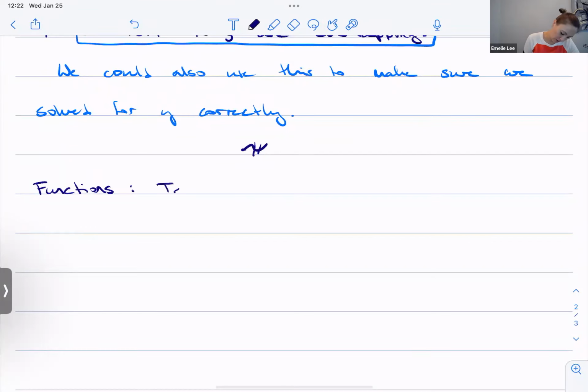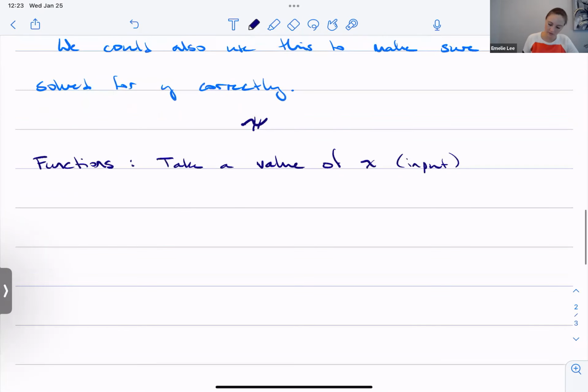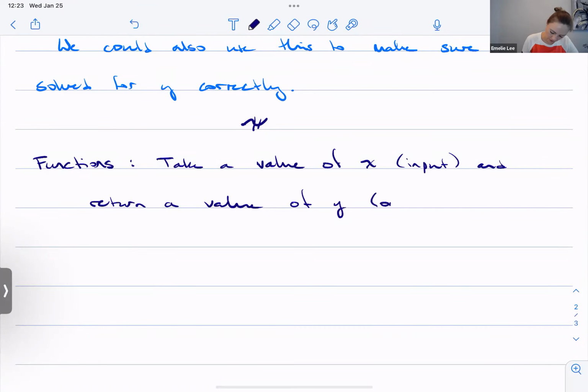Functions take a value of x, which you can call input, and return a value of y, which is output.